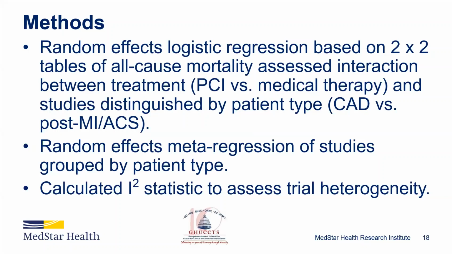So what we did is we took their data and differentiated studies by patient type, either chronic coronary artery disease patients versus post-MI patients. And so we did meta-regression of studies grouped by patient type, and then we calculated the I-squared statistic to assess trial heterogeneity.